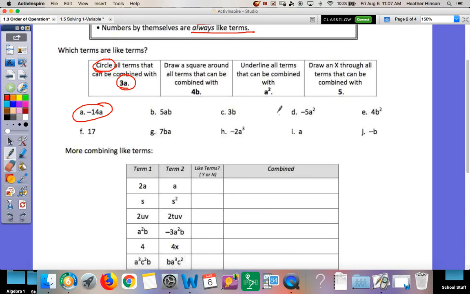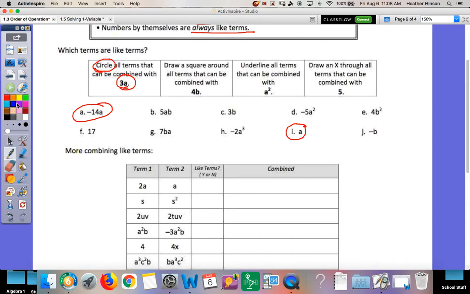It has to be just a. H has an a, but that one doesn't count because it has an exponent of 3. Ours does not. I has an a. There's no exponent, so that is a like term because it is just a. And those are the only ones with a.